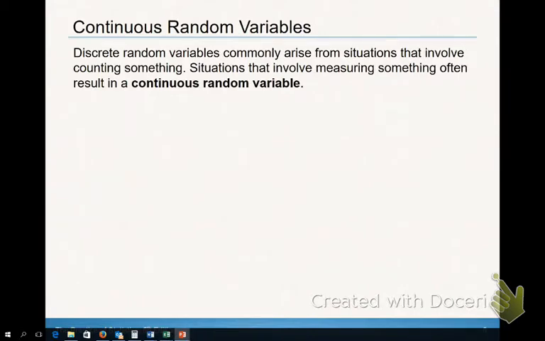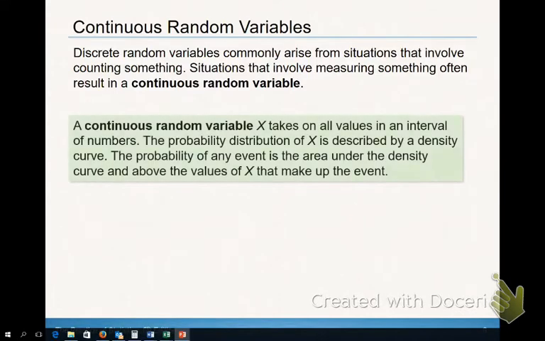Okay, so now we've been talking about discrete random variables. Now we're going to talk about continuous random variables. Discrete random variables, if you think about it, involve counting something: 1, 2, 3, 4. Situations that involve measuring something often result in continuous random variables. So a continuous random variable takes on all the values in an interval of numbers.